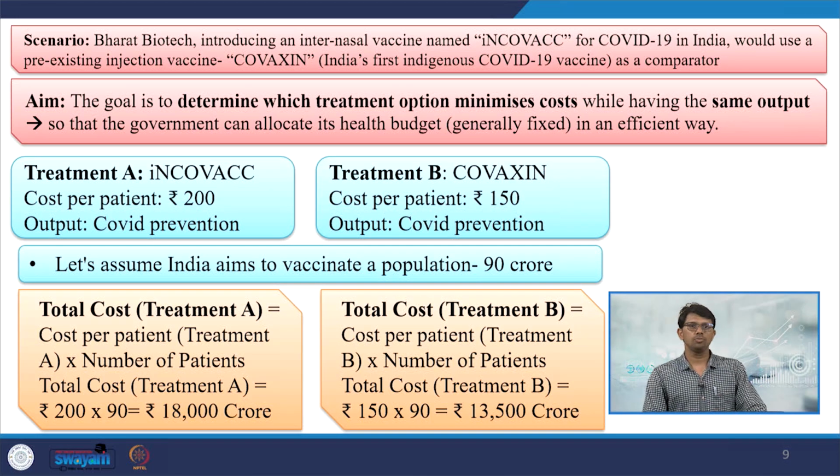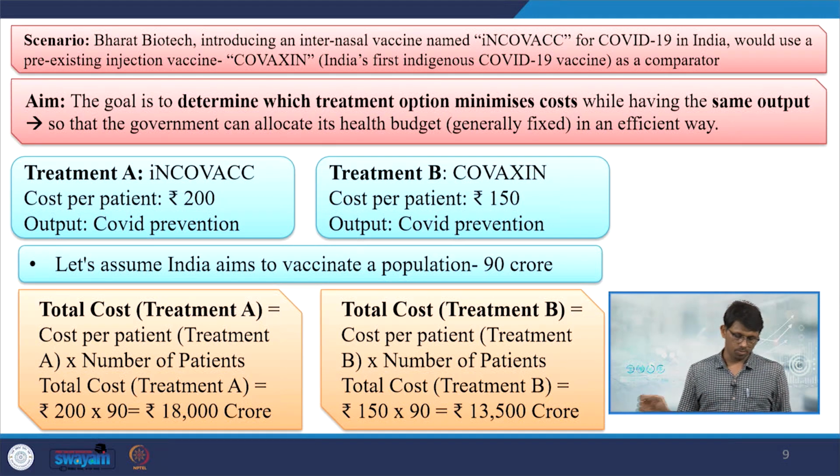Now, let us assume India aims to vaccinate a population of 90 crore. The total cost for treatment A, that is Incovac, is the number of patients times the per unit cost of 200. So 200 times 90 crore is of course 18,000 crores, 9 into 2 is 18.